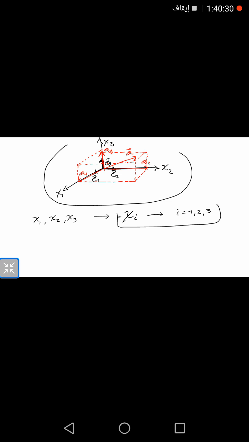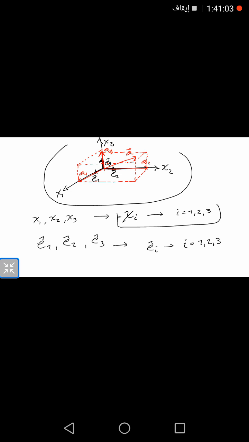The corresponding unit basis vectors are E1, E2, and E3, or in index notation, e_i, where i varies between 1, 2, and 3.